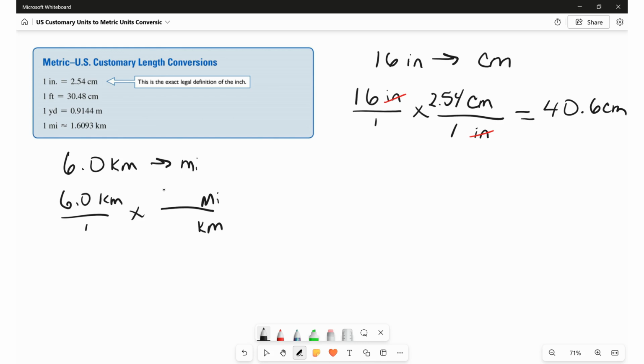We know that 1 mile is approximately 1.6093 kilometers. This is going to cancel out these units. And when we do this, it'll end up being 6 divided by 1.6093. We get 3.7 miles.